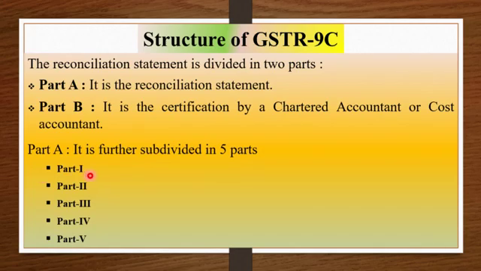Part 1, it seeks basic details about the registered person like financial year, GSTIN, legal name, trade name. It is also required to mention whether registered person is liable to be audited under any other act.